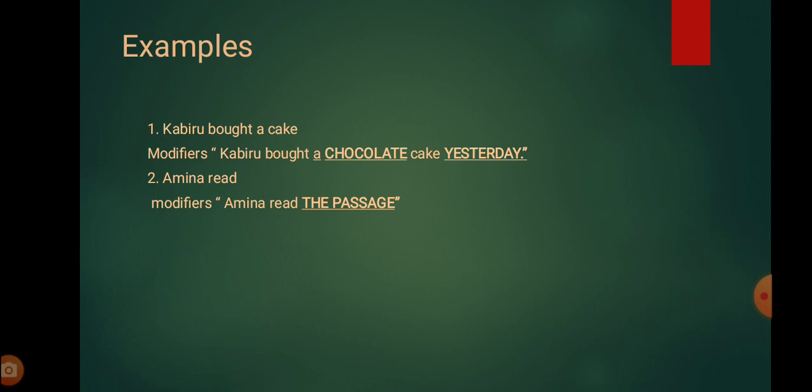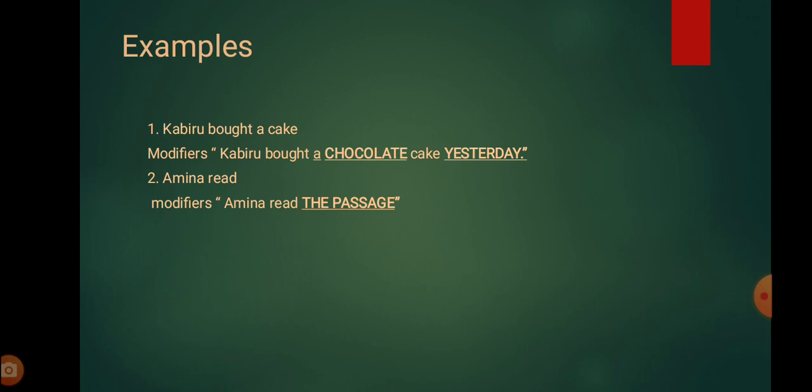You can also see that Amina read. You say Amina read. It's straightforward, but there is need for it to be clearer and more specific, so that the sentence can be more meaningful and more engaging. So we modify it by saying Amina read the passage.